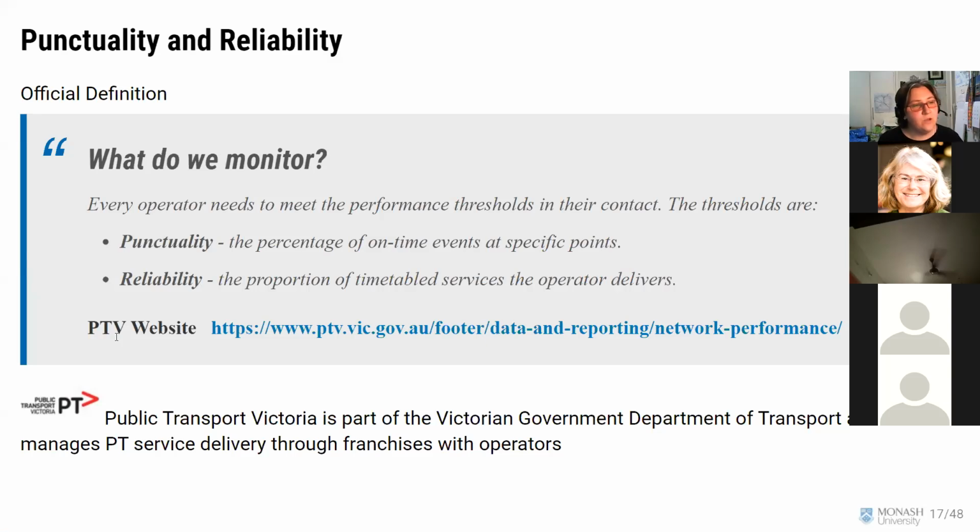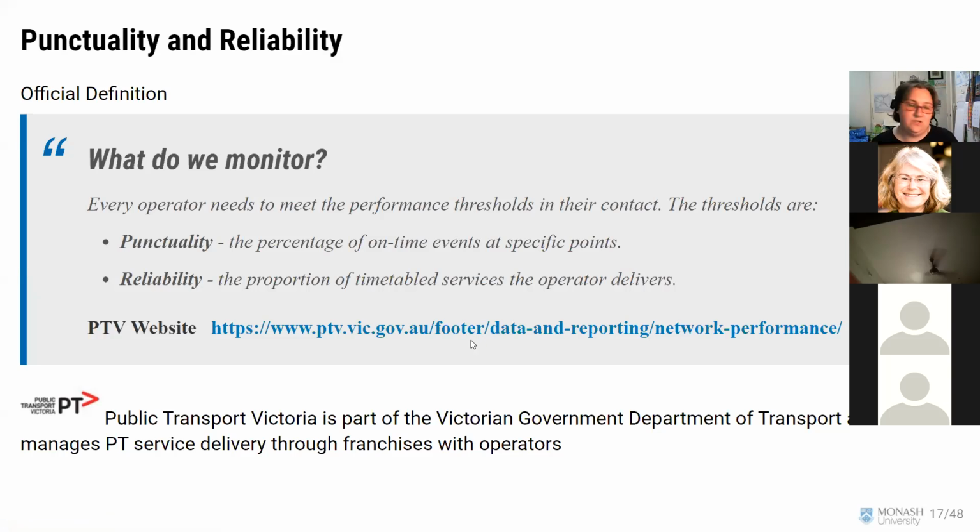So the data we're going to look at is punctuality and reliability. As I've said before, punctuality is how many services are on time according to the timetable. Reliability is did the tram run at all, or train or bus or whatever.